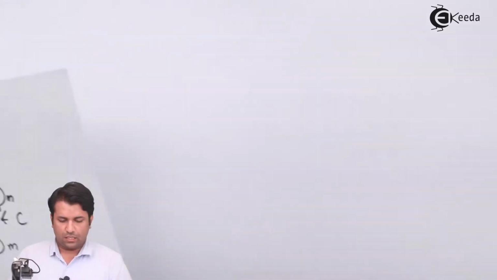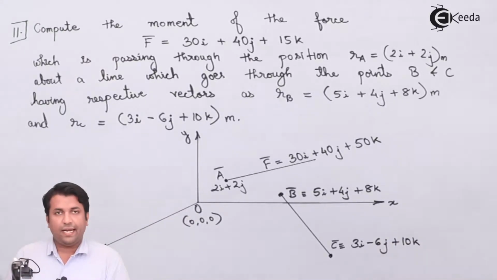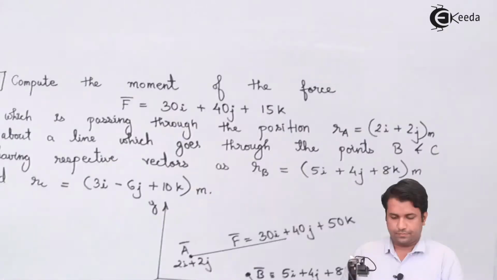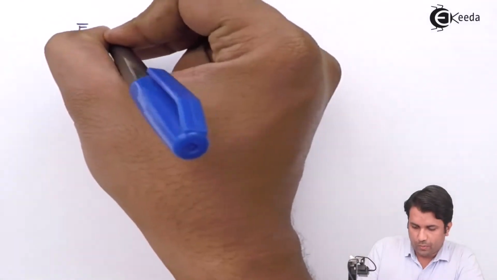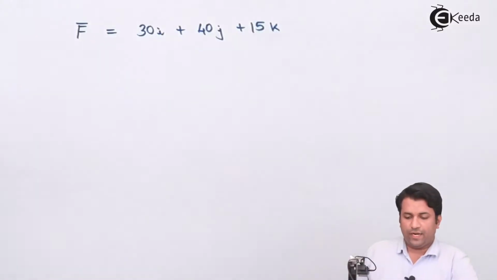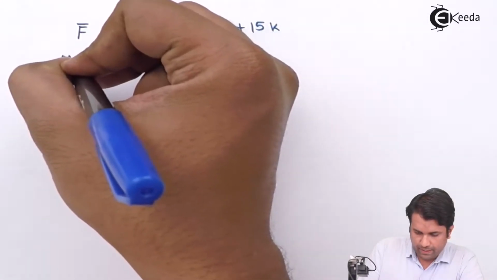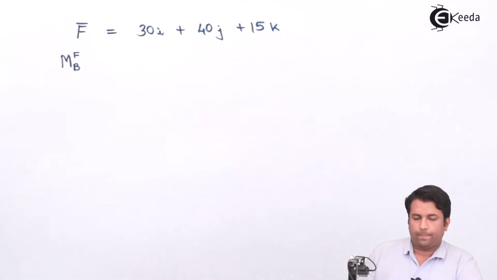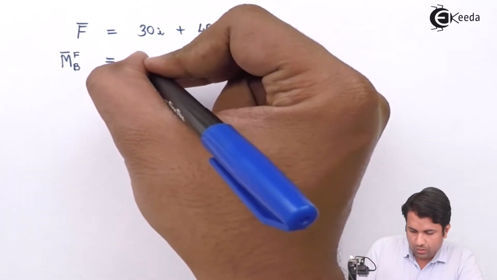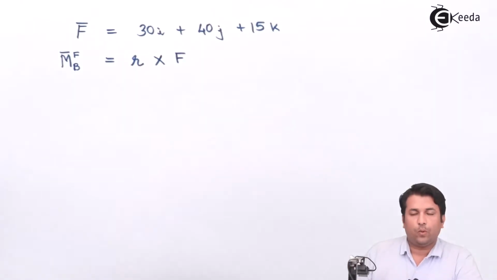Now in this case, since the force vector is known to us, I'll just write down the force vector and then I'll try to take moment of this force vector with respect to point B. Now I need to find out the moment of this force with respect to point B. To do that, to find the moment vector, I need to do cross product of the position vector and the force vector.